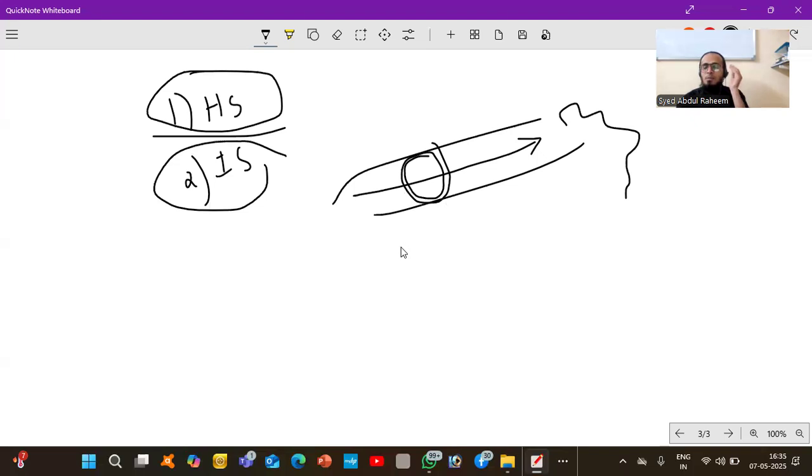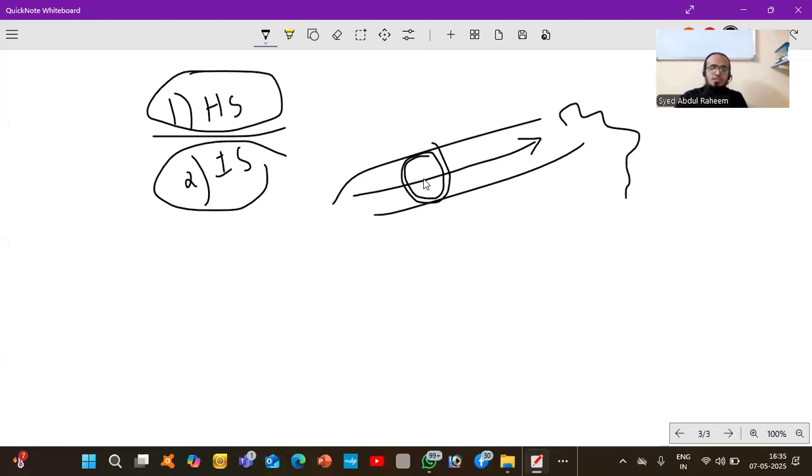The clot may come from the heart, or from the carotid artery, or any part of the body, or else it develops in the brain itself, like in sugar patients or long term cholesterol patients.